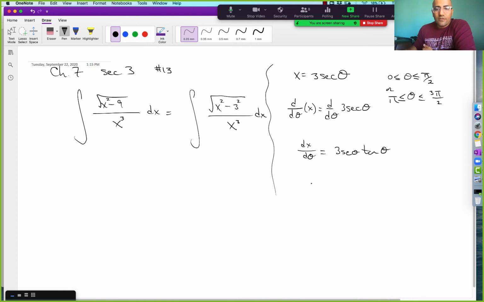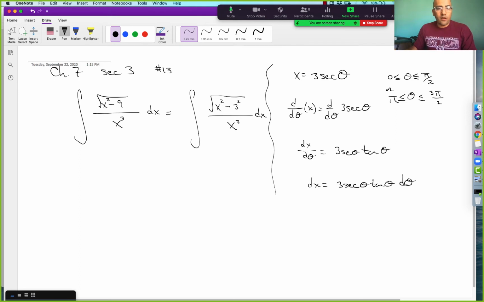And so dx is equal to 3 secant theta tangent theta d theta. Okay, so how does this help?